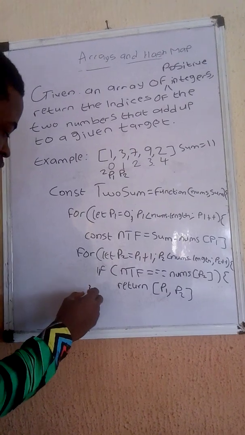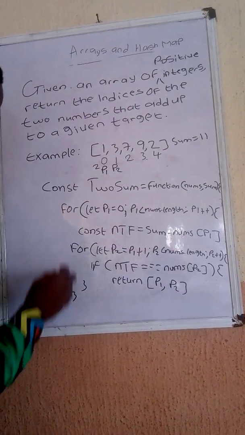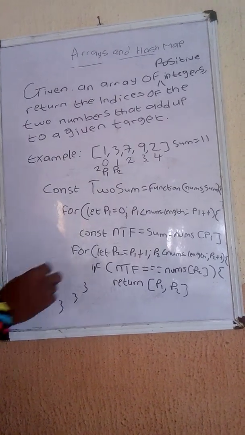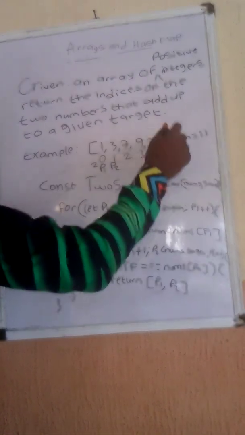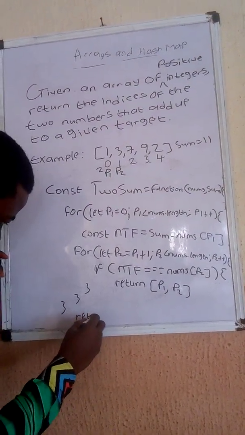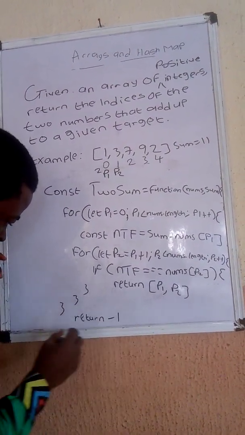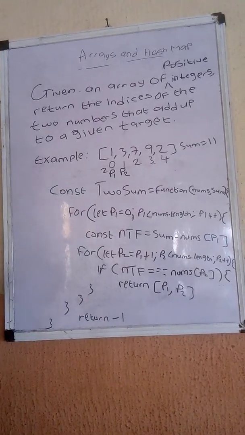We close our if statement, close our for loop, and close the next for loop. Then if there is no number that adds up to the sum, we want to return -1. Then we close our final function.